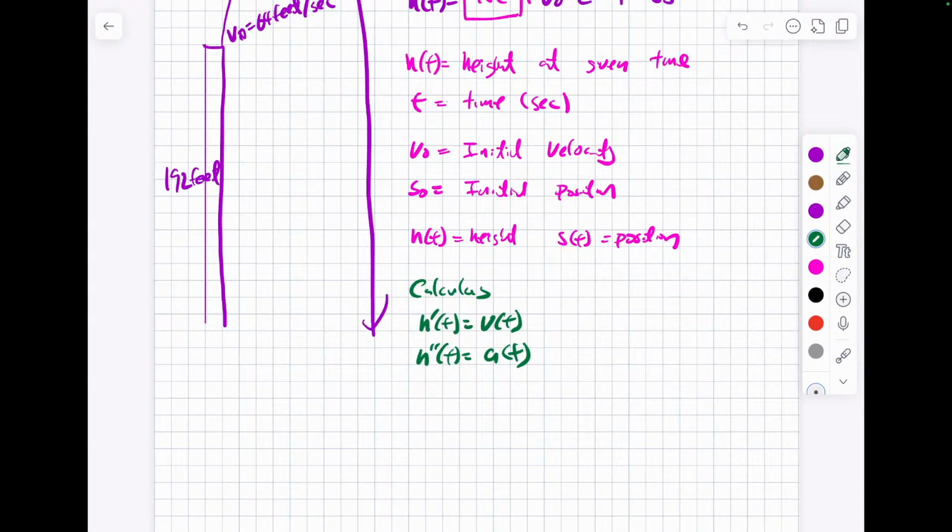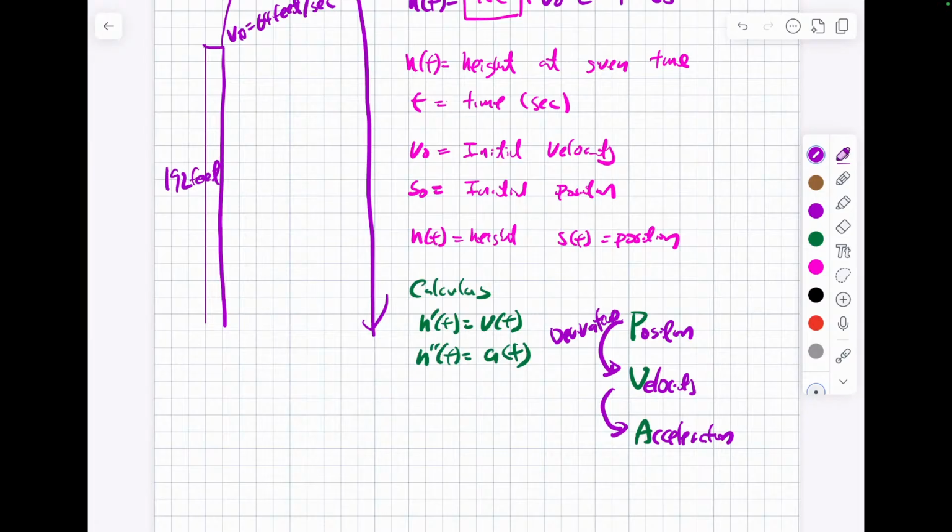So the way I kind of told people is P V A. What does P stand for? P stands for position, velocity, acceleration. So that is going to be derivative.